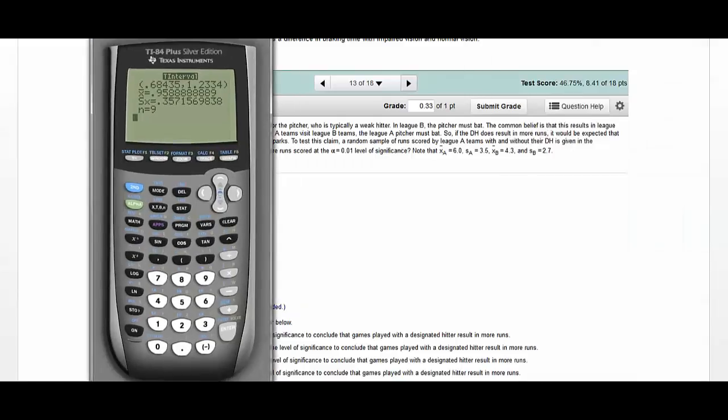So I'm going to come over here, go to stat, test, 2-sample t-test, and I'm going to type in the stats. So I just type in the numbers they gave me. So 6 for the first mean, 3.5 for that. I actually do have to read it to figure out what the n is. I don't see n.